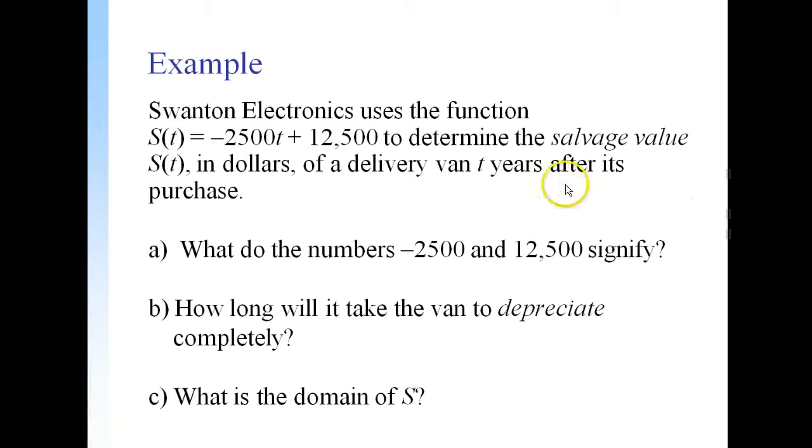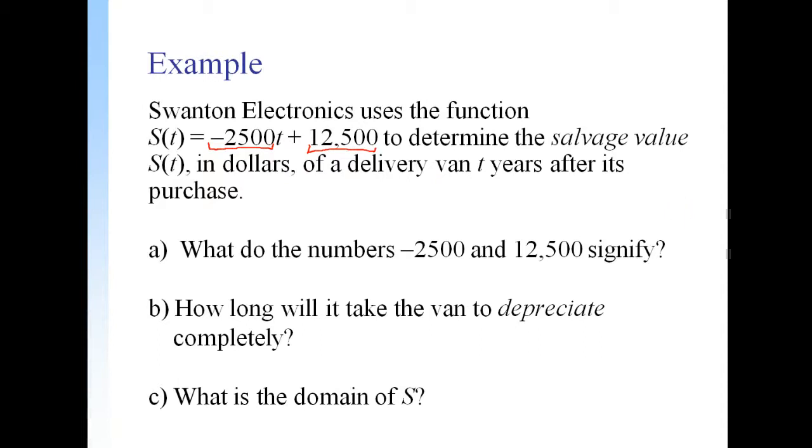Well, notice this is in slope-intercept form, where it's a function. So this is the slope. T is sort of for time. And this is your y-intercept. This is where you're starting. So initially, this was the value of it. And since this is negative slope, that means the value is decreasing each year.